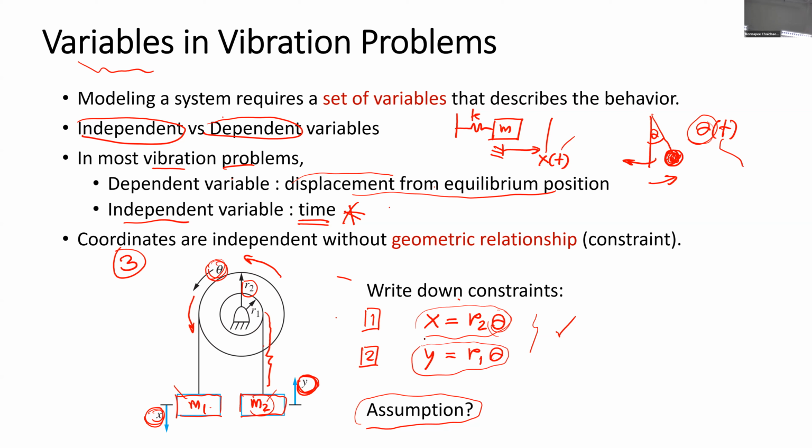Okay, so in the beginning, we said that we have three coordinates: X, Y, and theta. And we have two constraints.